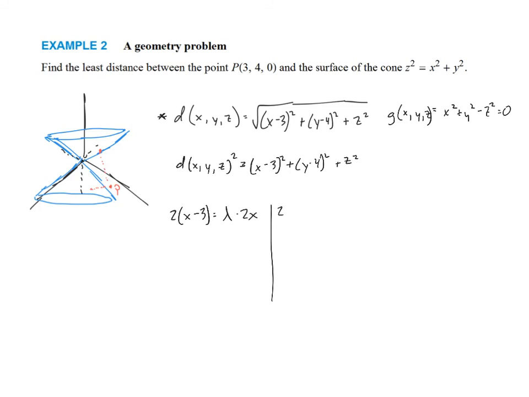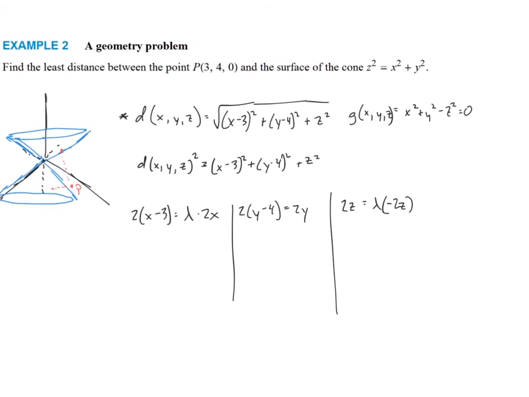That would be 2 times (y minus 4) to the first power, equal to lambda times g sub y, which is 2y. Finally, our d sub z is 2z, and we set that equal to lambda times negative 2z. Let's throw that in parentheses. There we go.